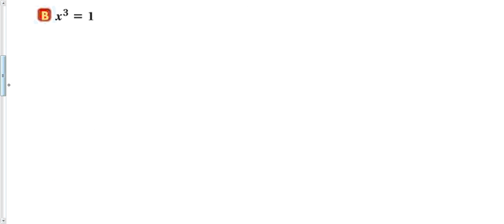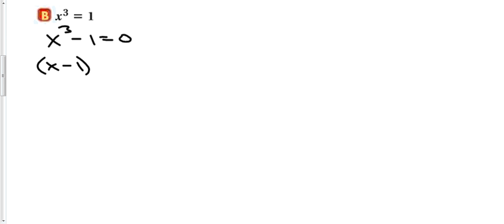Let's try this one. That is the sum or difference of a perfect cube. And in this case, when we subtract 1 from both sides to set it equal to 0, like we do for everything, we of course have the difference of perfect cubes. Following my formula to factor this, we would have x minus 1.